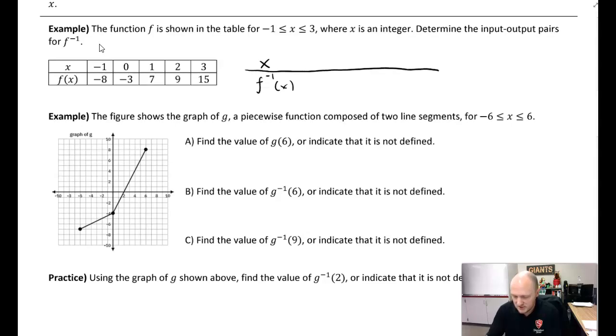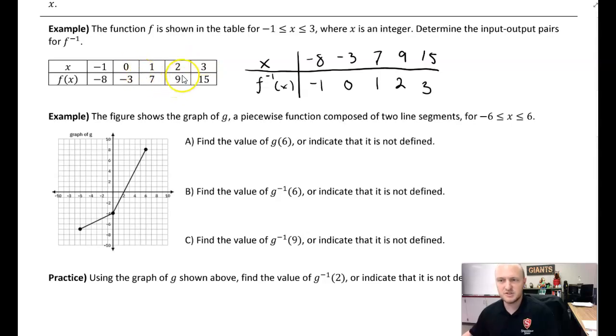You could also do this in a set of ordered pairs, x, comma, y, but I think I'll just illustrate this point. So for a function and its inverse, x's and y's are going to switch. So I'm literally just going to switch these values. So now I have -8 gives me -1, -3 gives me 0, 7 yields 1, 9 gives you 2, and 15 gives us 3. So again, inputs and outputs switch.